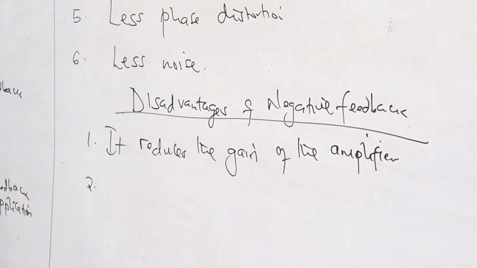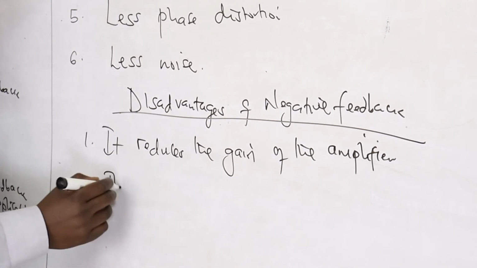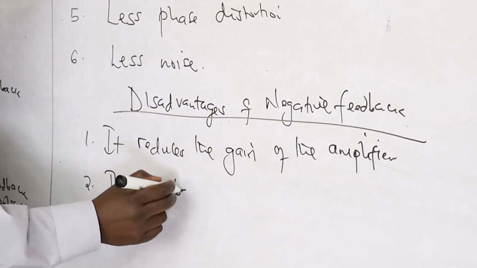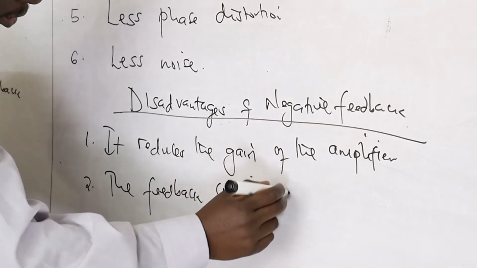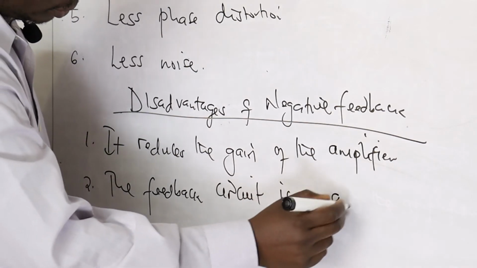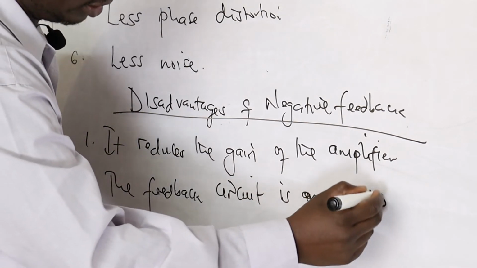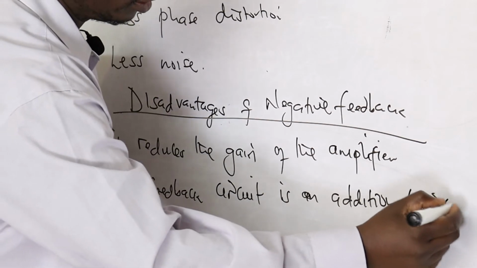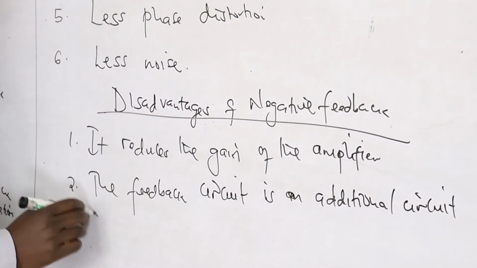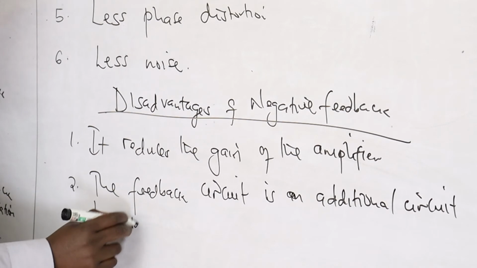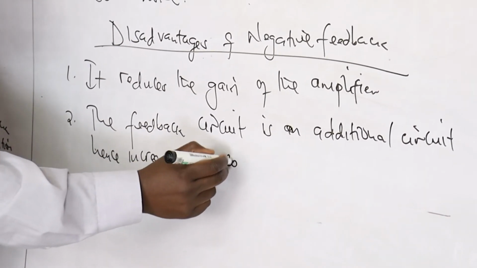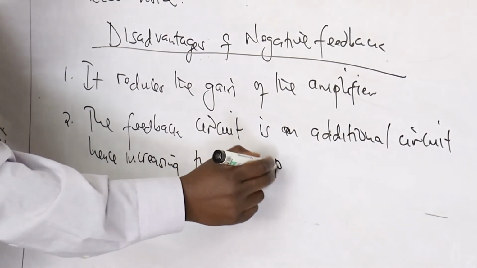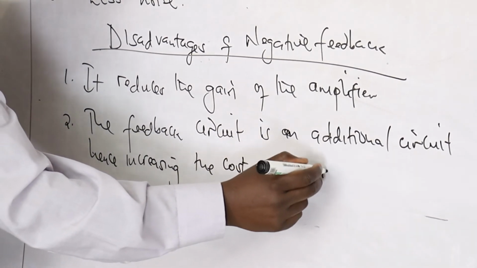And number 2, the feedback circuit is an additional circuit, hence increasing the cost of production.